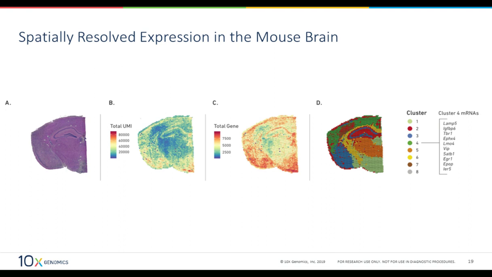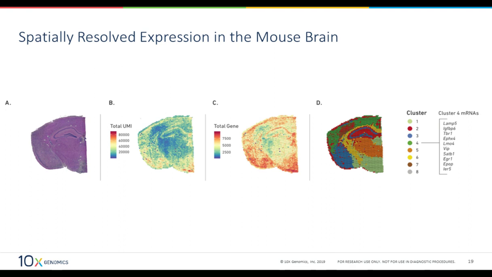This is what I showed in the previous slide with the t-SNE plot, but mapped onto the actual H&E slide. So you can see here we have 8 clusters, and then you can even go further and say, hey, I am interested in cluster 4, the green cluster, and these are the 10 or so genes that are highly expressed in cluster 4.